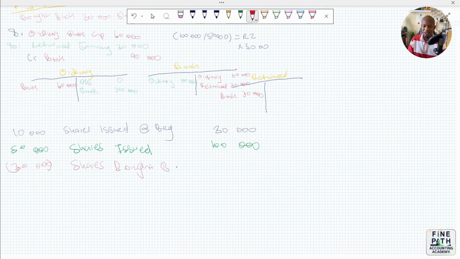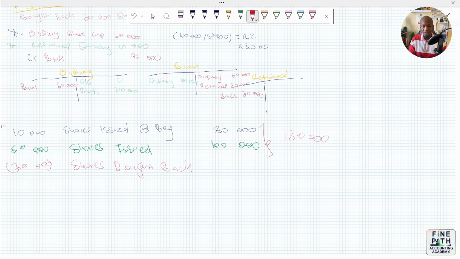So now the concept of the average issue price is again saying we take the total ordinary share capital at the point at which we are buying back the shares, and then we divide it by the number of shares at that date. So our total ordinary share capital at this date is 130,000. Do we agree?